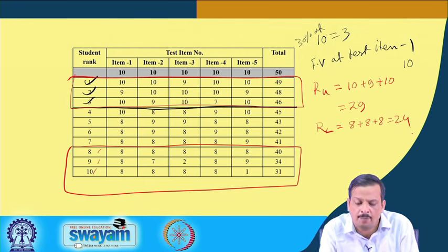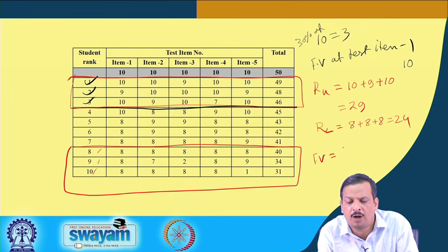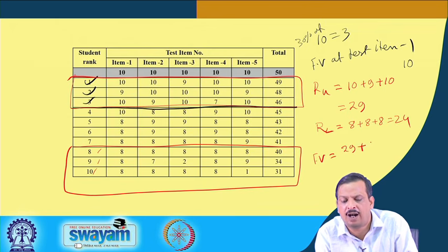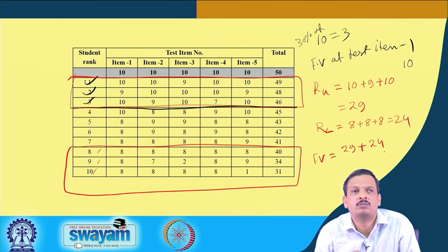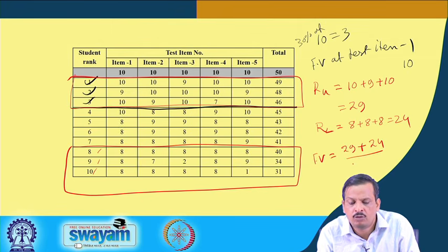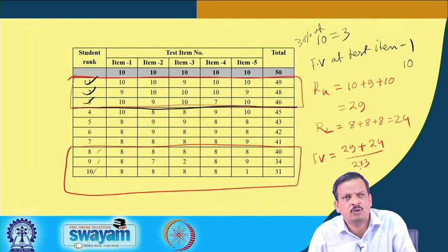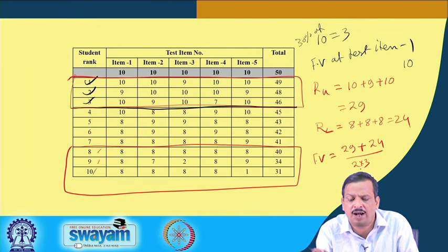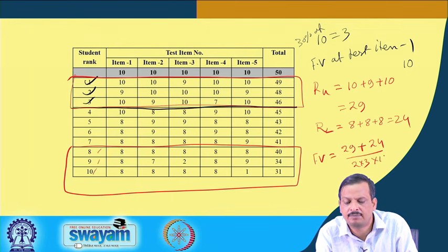So, what is the value of FB? FB is equal to marks obtained by upper group RU 29, plus marks obtained by lower group RL 24. What is the total group size? 2 into 3, 6 students, and what is the highest marks of the question? 10. So, equal to 53 by 60.